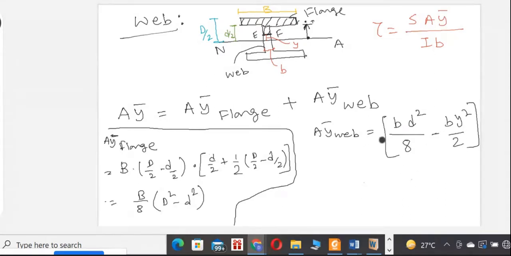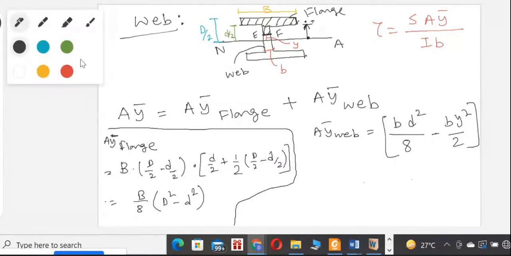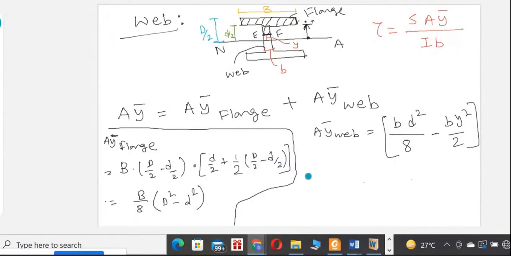So how has he done it? Let me quickly do it with this color. So what is the area of this portion? Small d by 2 minus y, into small b.